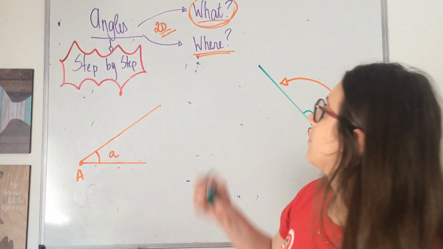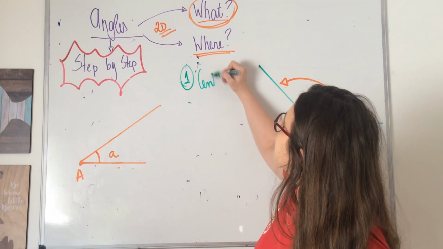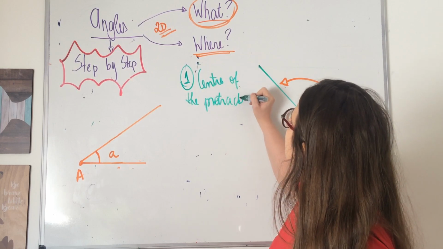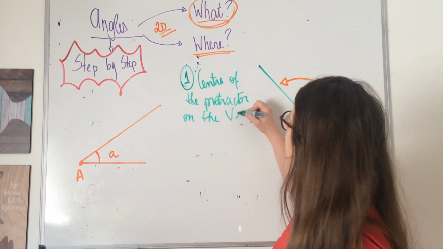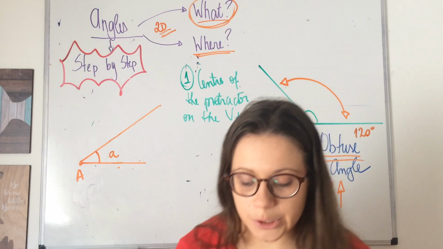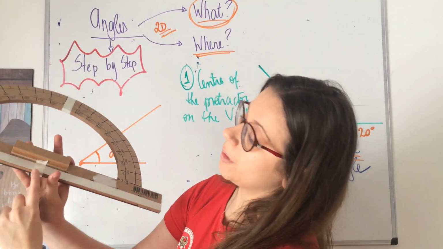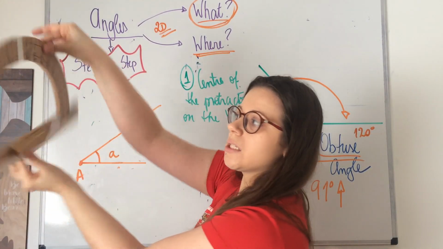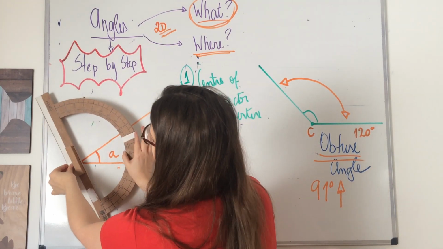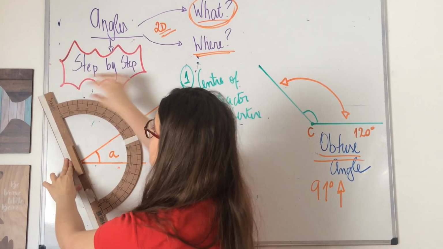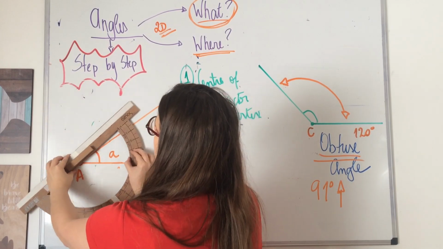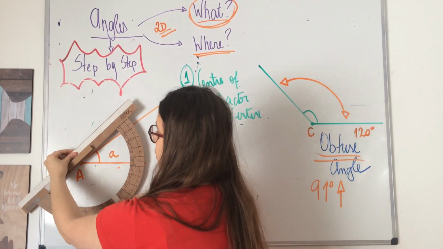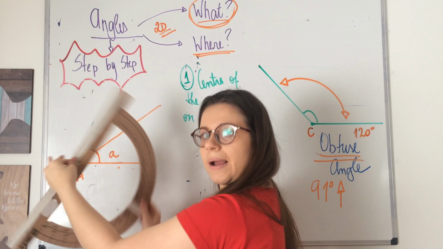So step 1, center of the protractor on the vertex, period. Okay, so the center of my protractor is this one, and I am going to place it here. Important, the protractor dances around. The moment that you put the protractor on the vertex, you can move it as much as you want.